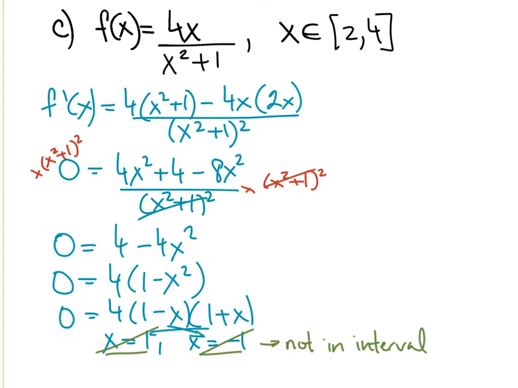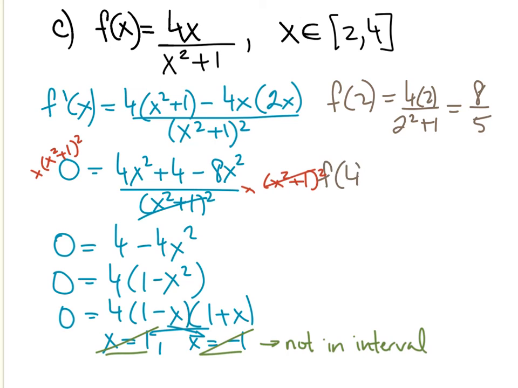So now the only values we really care about are f of 2, which when we plug that in, we get 4 times 2 over 2 squared plus 1, so that just gives us 8 over 5, and f of 4, which is going to be 4 times 4 over 4 squared plus 1, so that's 16 over 17.